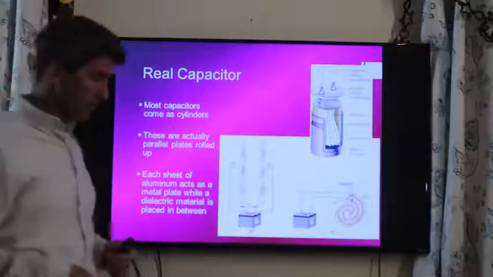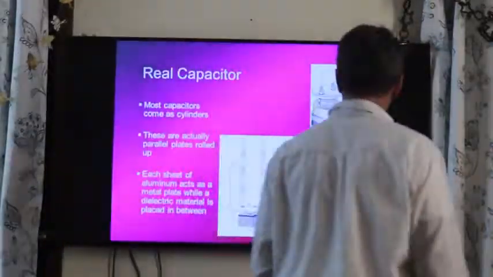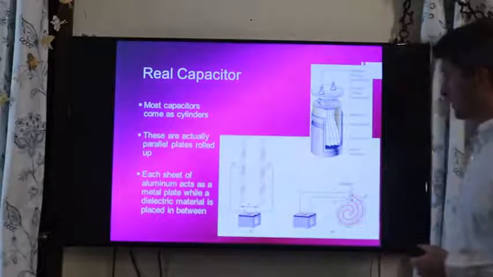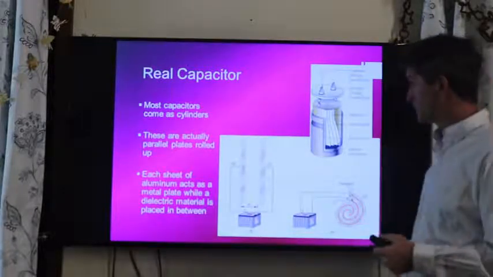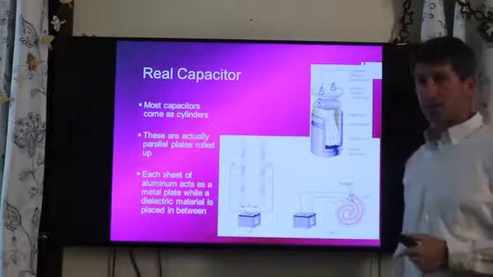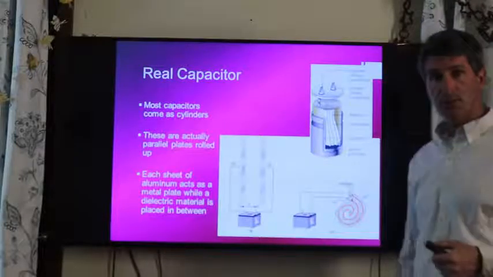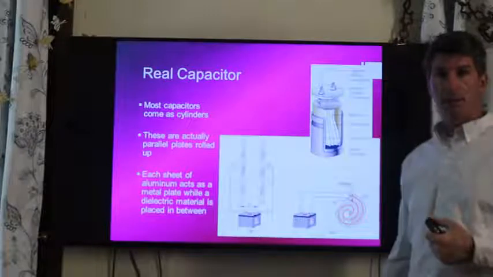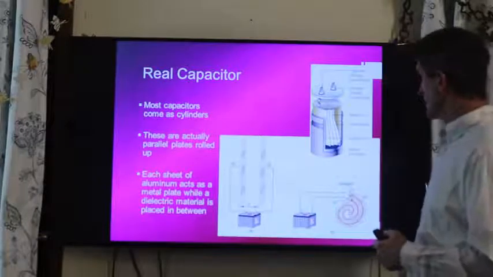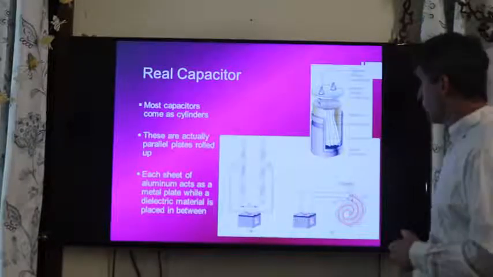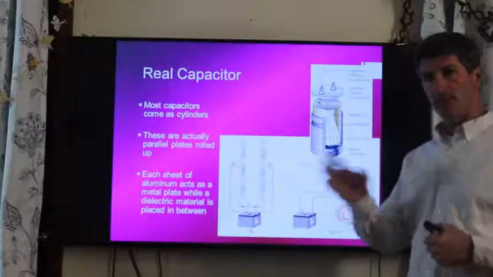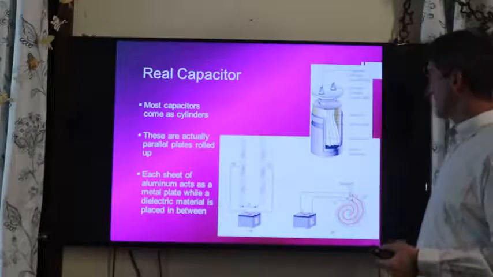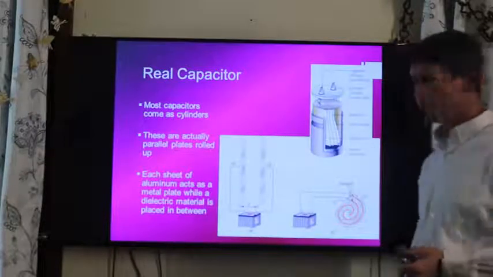Now, when we look at real capacitors, we see real capacitors typically don't look like two big plates. Most capacitors will look like cylinders or they'll look like buttons. The cylinders are usually the highest capacity capacitors. And there's a metal foil that becomes the positive plate. There's a piece of metal foil that becomes the negative plate.